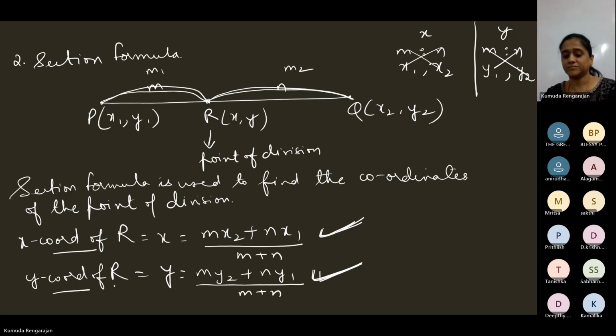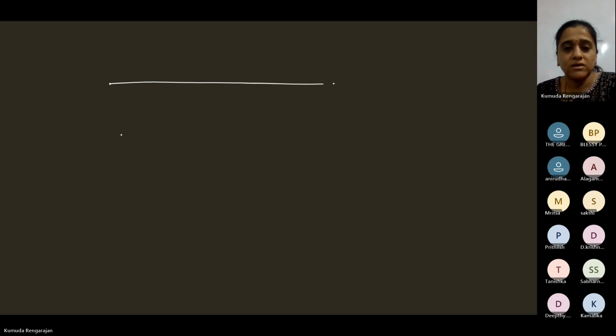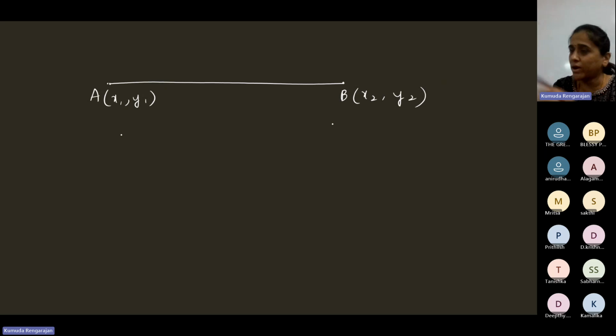All right, let's do it again. What are the different things we have in the section formula? The 2 points, let's call them A, x1 comma y1, and B, x2 comma y2. So we have 2 points A and B with addresses x1 y1 and x2 y2 respectively.